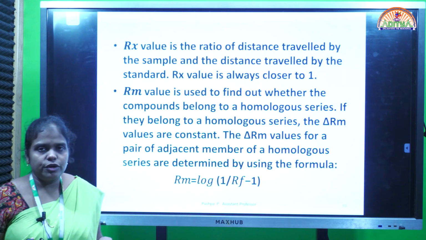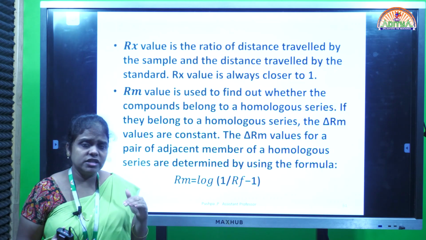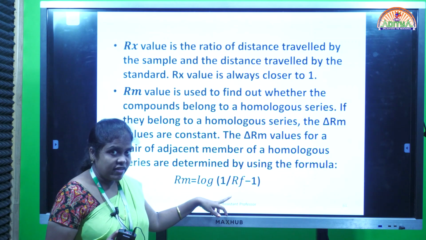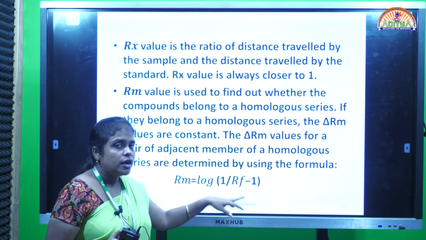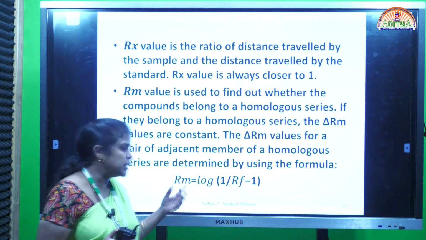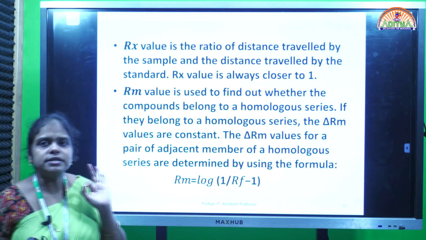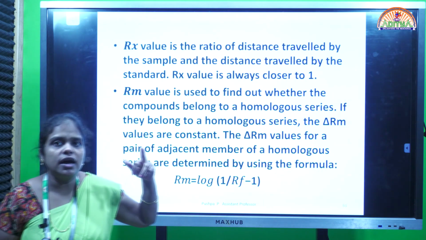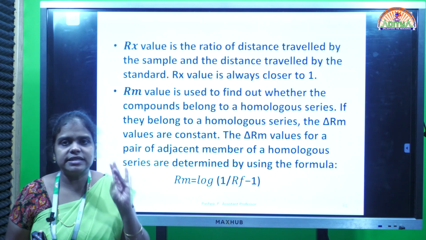I already know the Rf value: the movement of the sample divided by the movement of the solvent front or mobile phase. So first we calculate the Rf value, then compute 1 by Rf minus 1, and by taking the log of this we get the Rm value. We use the Rm value for homologous compounds, and the Rx value for the comparative study of reference or standard and sample.